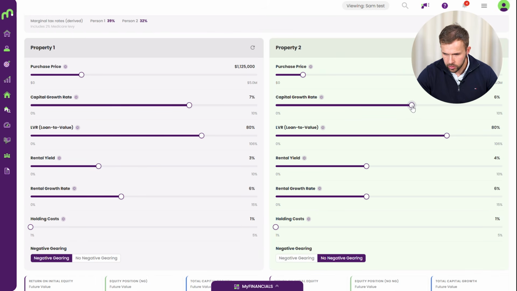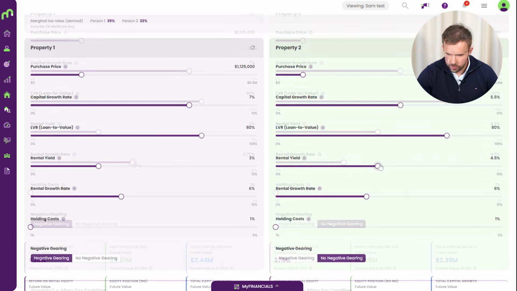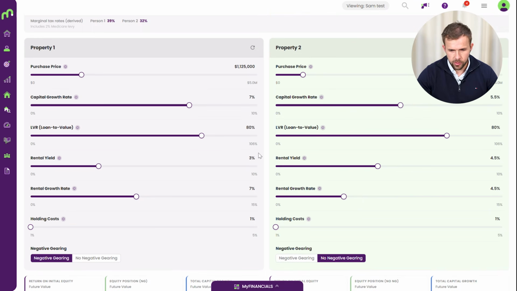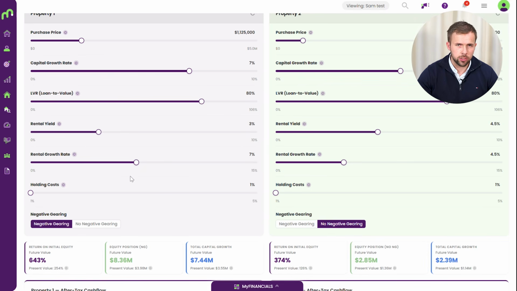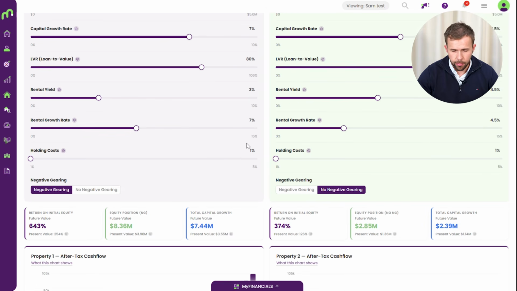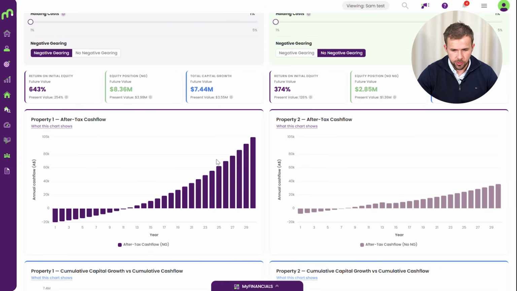So here we might go slightly lower growth for argument's sake, slightly higher yield. Again, depending on how you see rental growth rates changing, holding costs, everything like that, it will change the scenario. But this really is the power of the feature, I guess. You can choose whatever your heart desires and how you see things playing out.